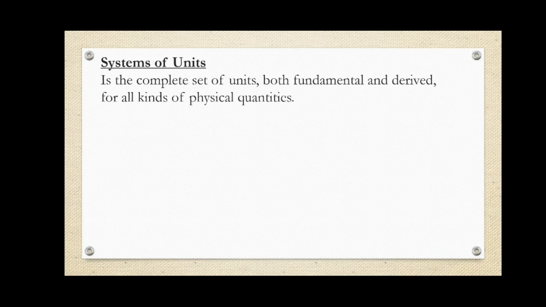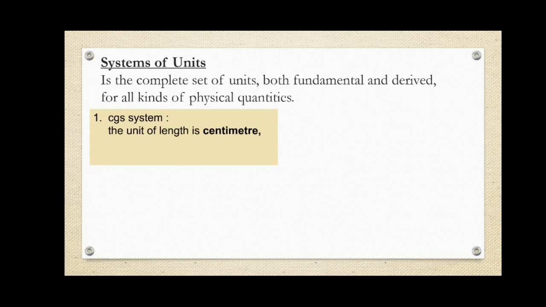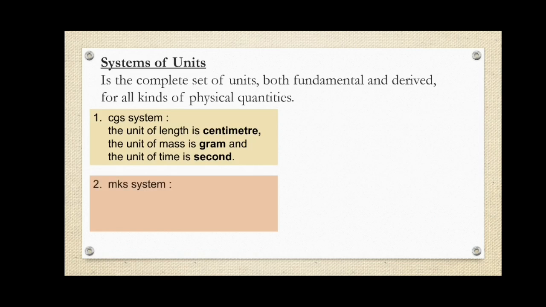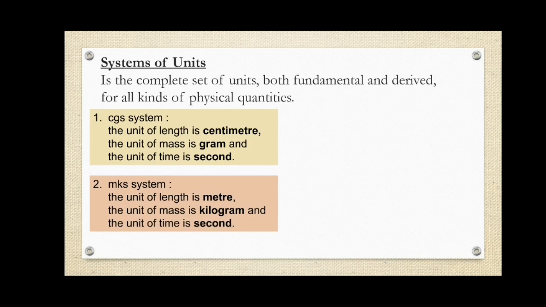There are 4 kinds of system of units. First one is CGS. C stands for centimeter, G for gram, and S for second. Second one is MKS. M stands for meter, K stands for kilogram, and S stands for second. Third one is FPS.